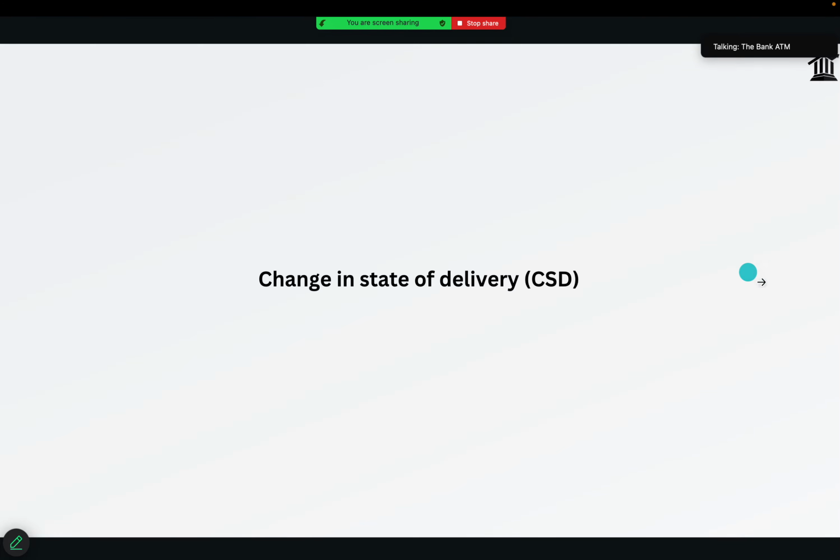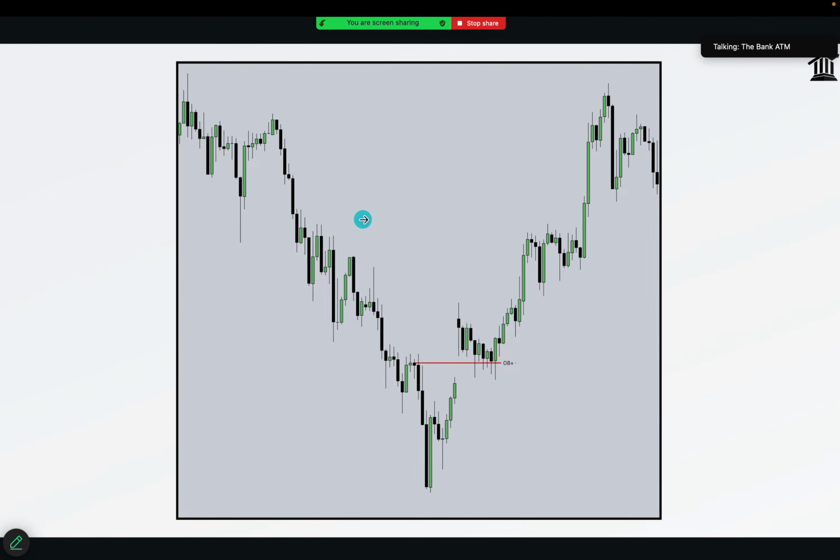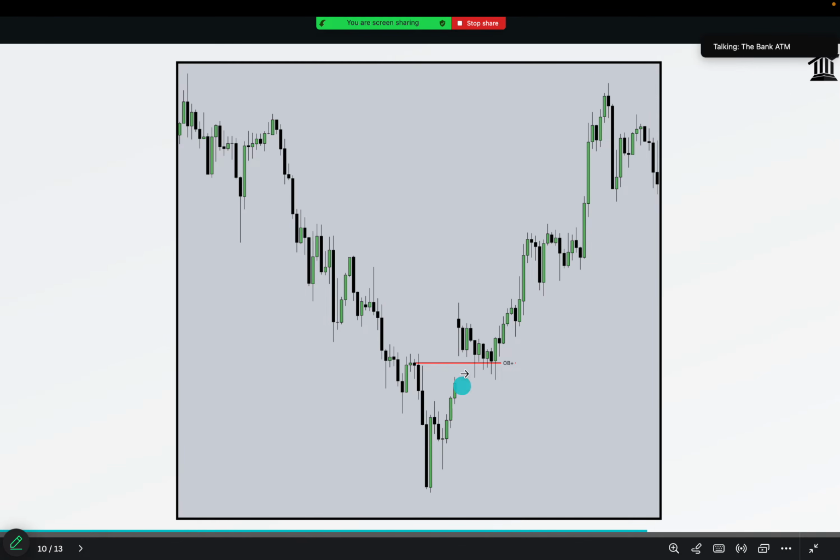So change in state of delivery, right? There's two ways in which you can do this, and all it really denotes is a shift from buy side delivery to sell side delivery, or sell side delivery to buy side delivery. Effectively, you're trusting the low to get put in. Pretty much is the easiest way to understand it.